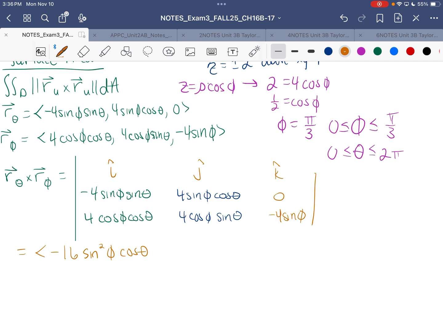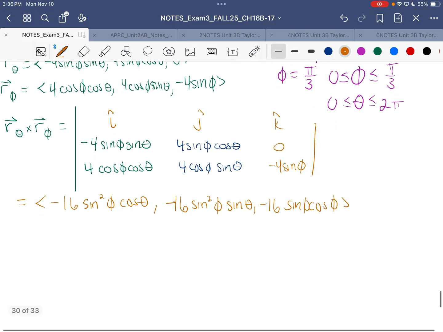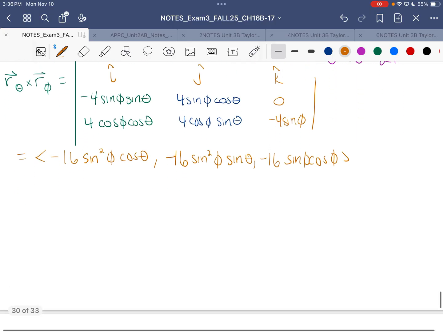That one's going to multiply 0. Then that one's going to be, doing quick simplification. Okay, so that was the cross product.